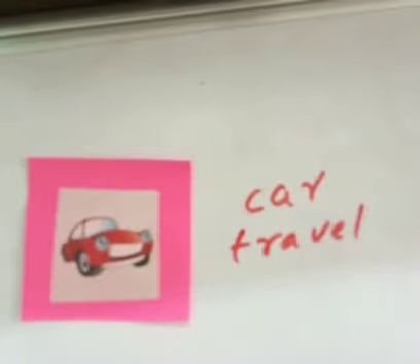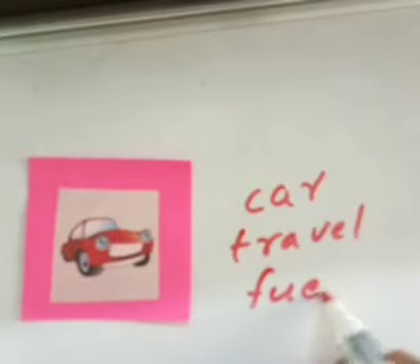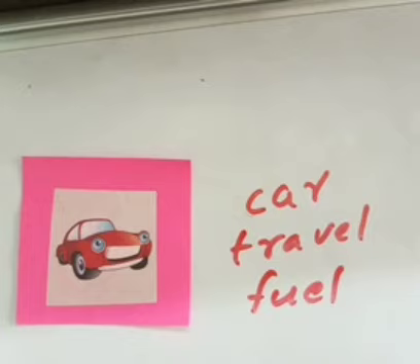And children, which kind of power do these machines need to work? This machine needs fuel to work. So instead of writing the full spelling of fuel, you should write F only. Clear?